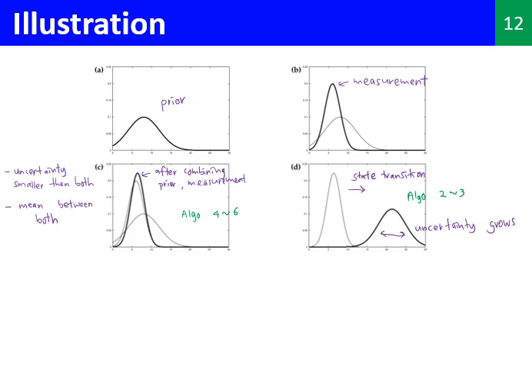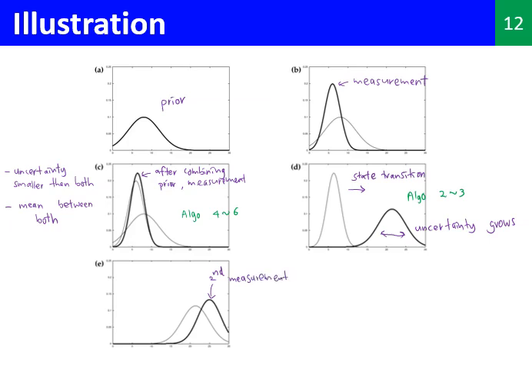Now we will take another measurement. So this is the second measurement, and once both these Gaussians are fused, we will get a resulting Gaussian like this.